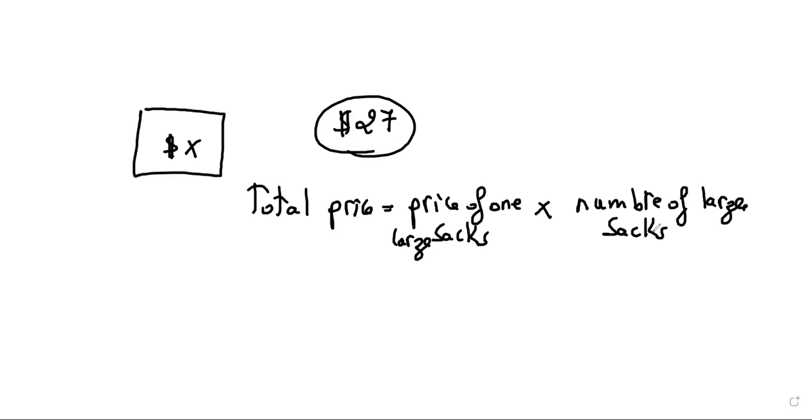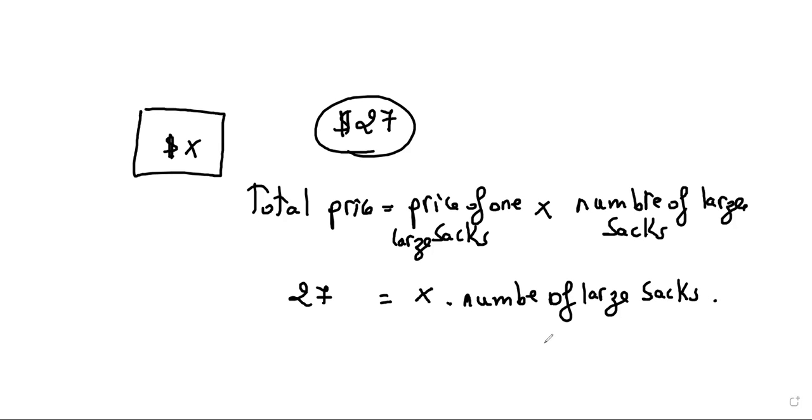This is normally how we get that. So the total price is 27, the price of one sack is X, and the number of large sacks is what we are looking for. So the number of large sacks multiplied by X is equal to 27.